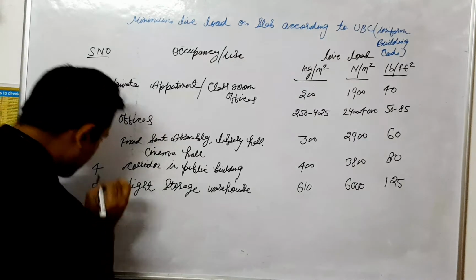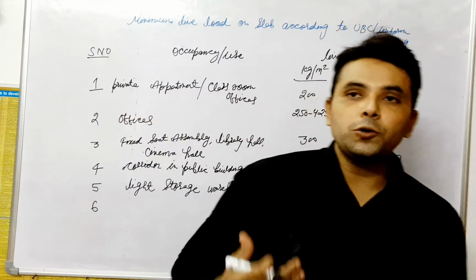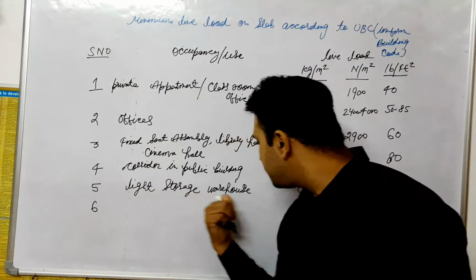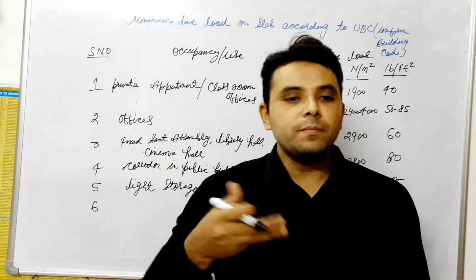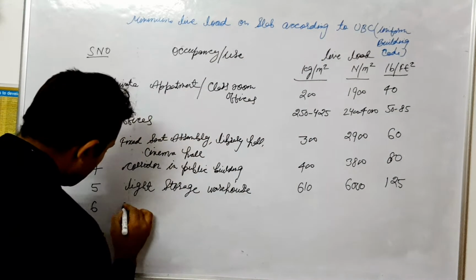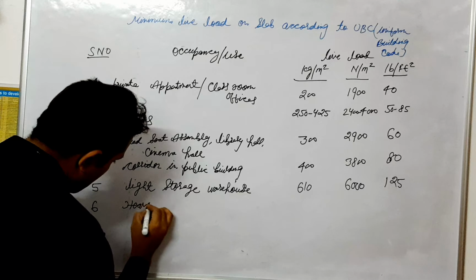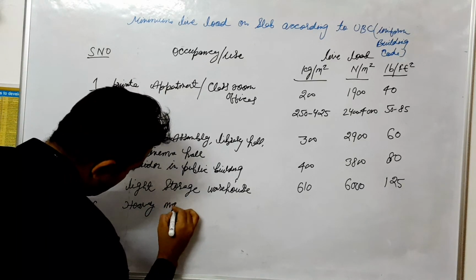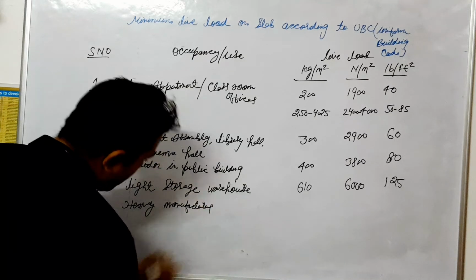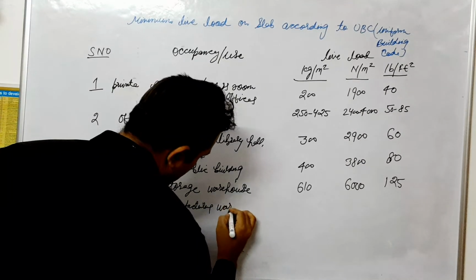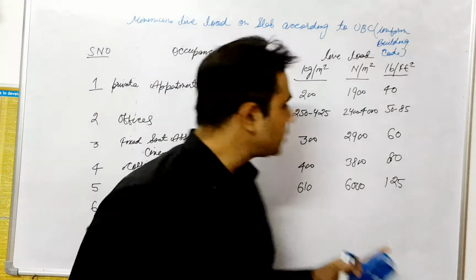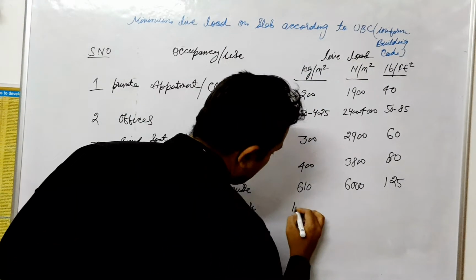Sixth one is, in case you are going to design any heavy manufacturing warehouse, means this is light storage warehouse, and now heavy manufacturing warehouse. In the case of heavy manufacturing warehouse, the value in kilogram per meter square is 1200.